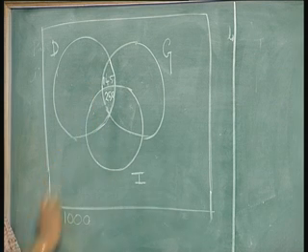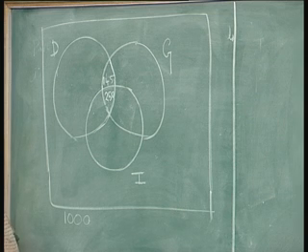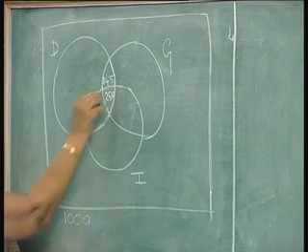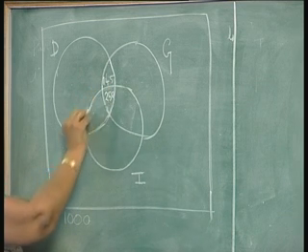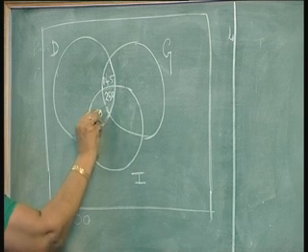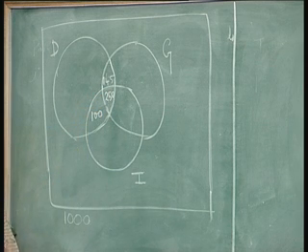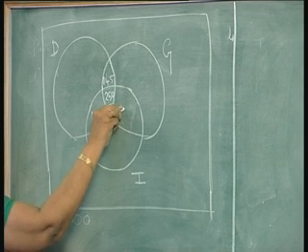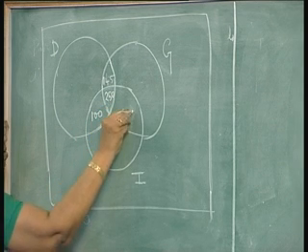And how many of them are Democrats who like ice cream? 350 of them. So this portion is 350, out of which 250 is here, so this portion is 100. And how many wear glasses and like ice cream? 400 of them. So this will be 150.